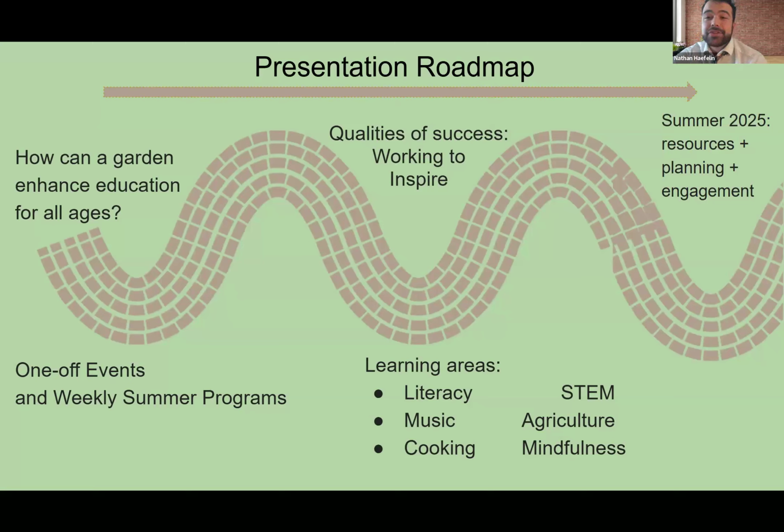And then we're going to get into some specific programs, how we measure success respectively among all of us, and some of the learning areas that we think are really key, or ways that we can close gaps and have really equitable education outcomes, using the garden and green space as a vessel there. And then we're going to end off with some plans for 2025 that we think that you all can benefit from, resources and upcoming events.